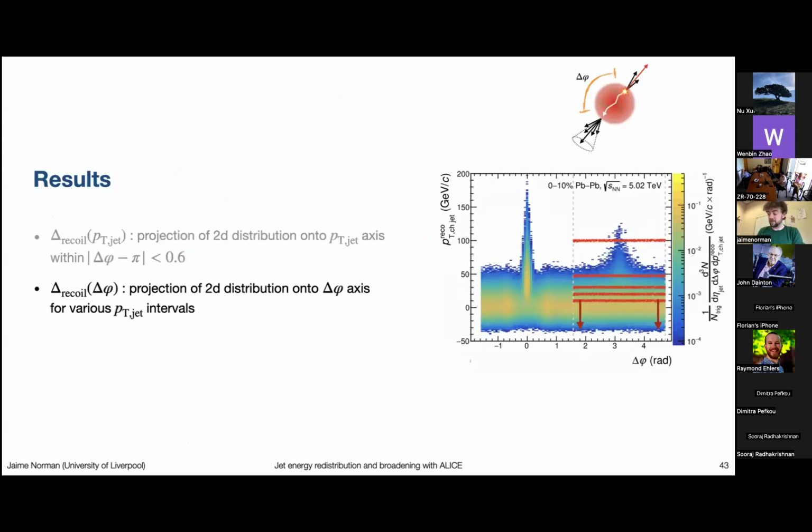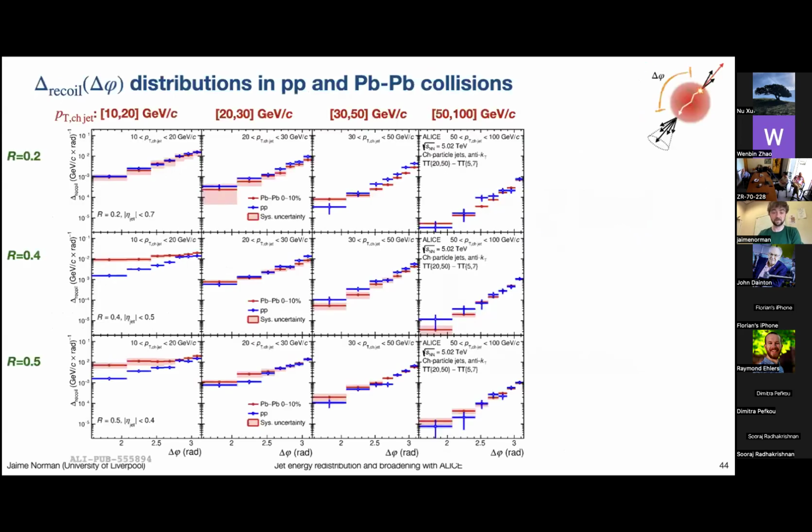Okay, so the final results that I want to show are the results as a function of delta phi. Here we do a projection of this 2D distribution onto the delta phi axis for various jet pT intervals.